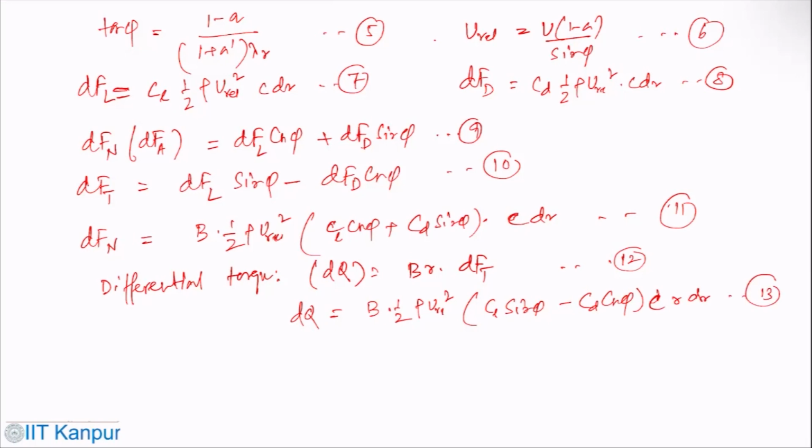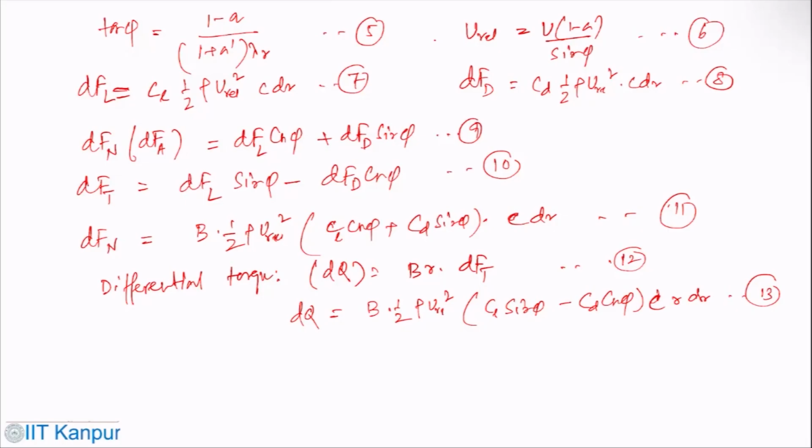Here you can note that the effect of drag is to decrease torque, hence power, but to increase the thrust loading. So from blade element theory we also obtain two equations, which are essentially 11 and 13.